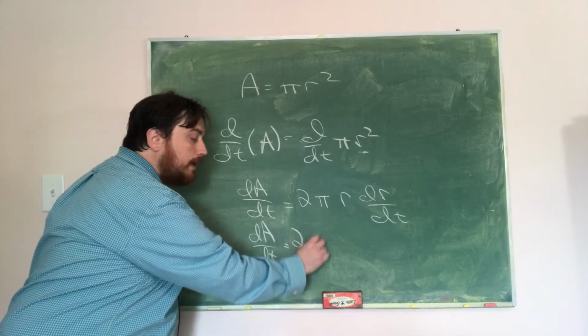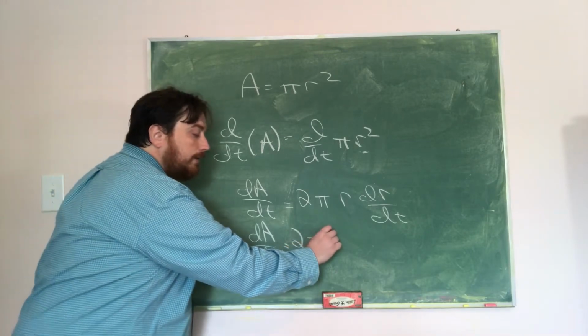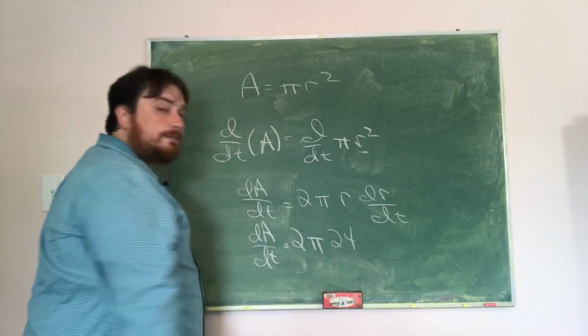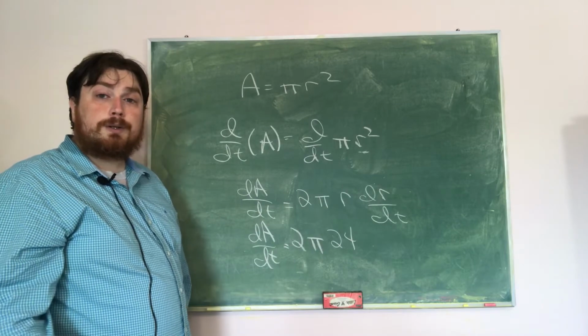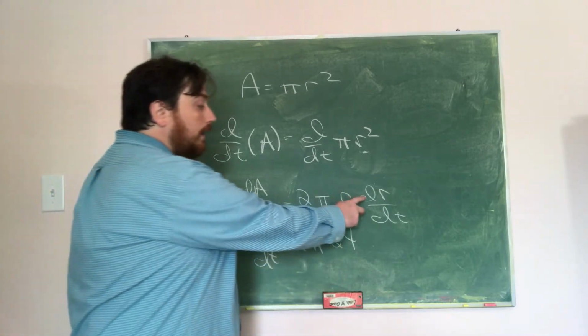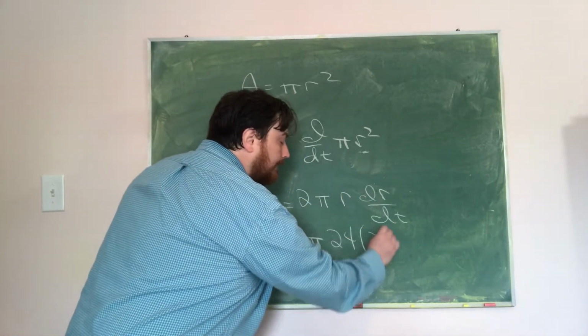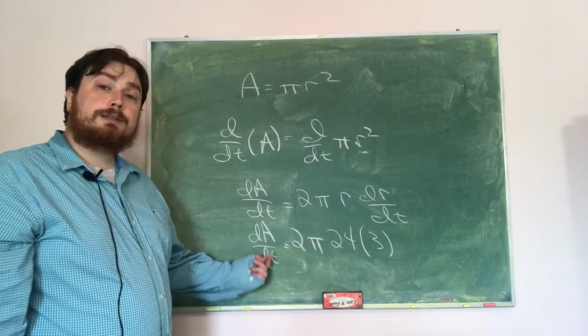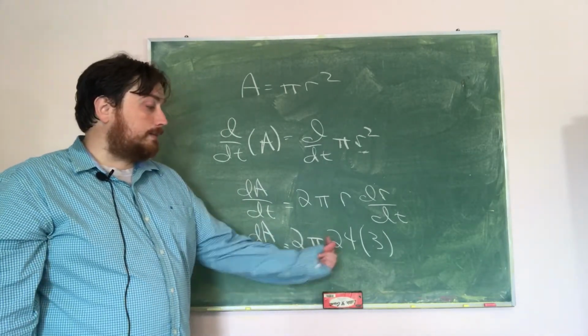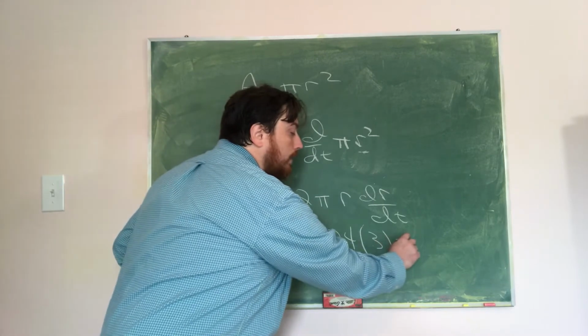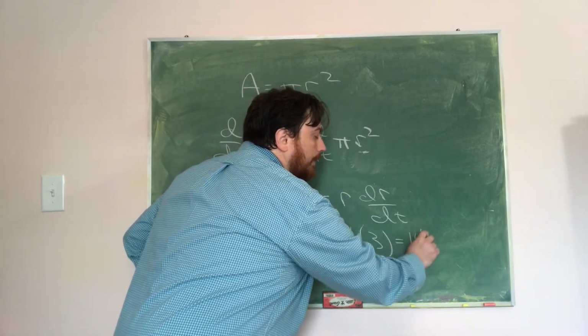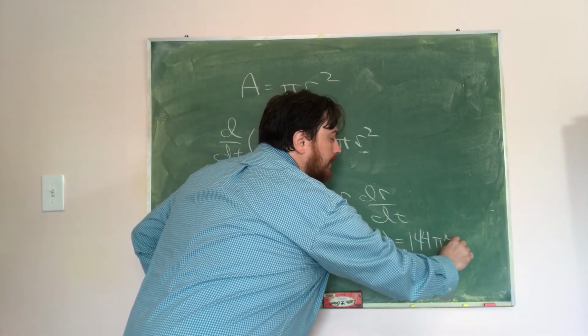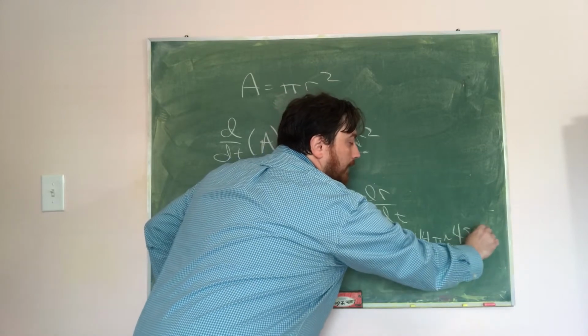But we get 2 pi. Currently, the radius is 24, so instead of r, we plug in 24. And currently, dr/dt is 3. So dA/dt is 2 pi times 24 times 3, or 144 pi, which is approximately 455.2.